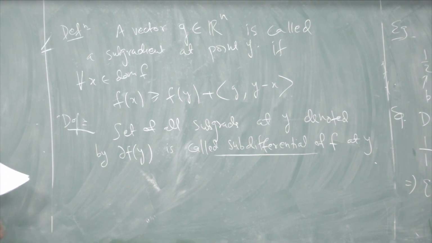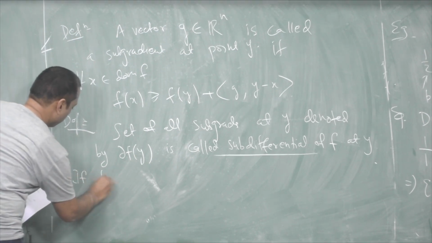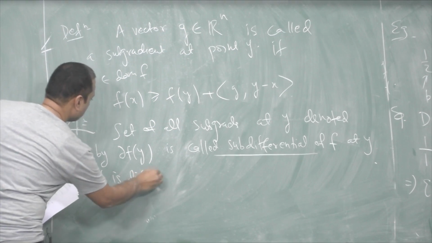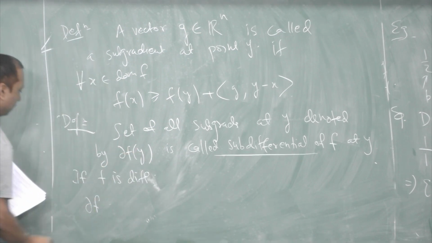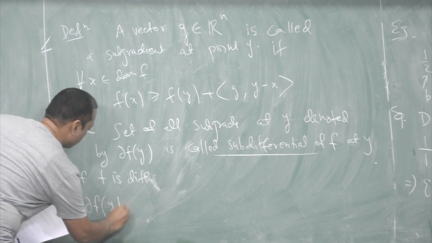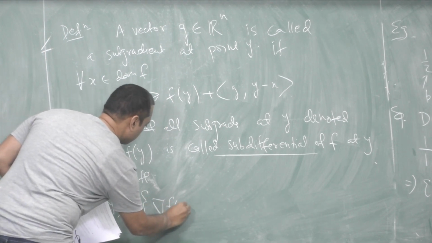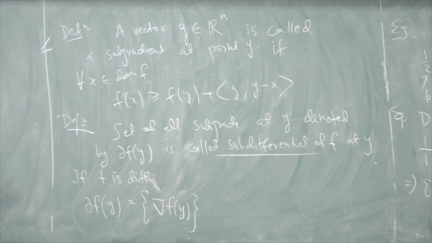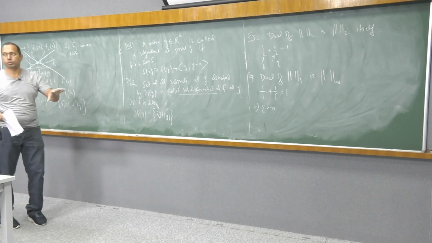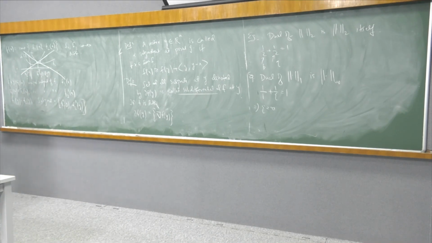So obviously if f is differentiable, then the subdifferential of f at any point y is the set that only contains grad f(y). There is a singleton value there. And it happens the other way also: if the subdifferential happens to be a singleton, then it's necessarily the usual gradient, not the subgradient.